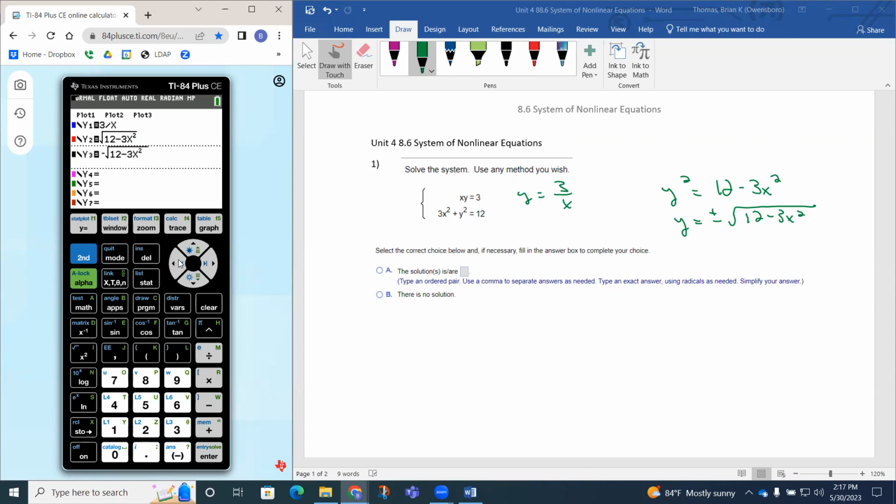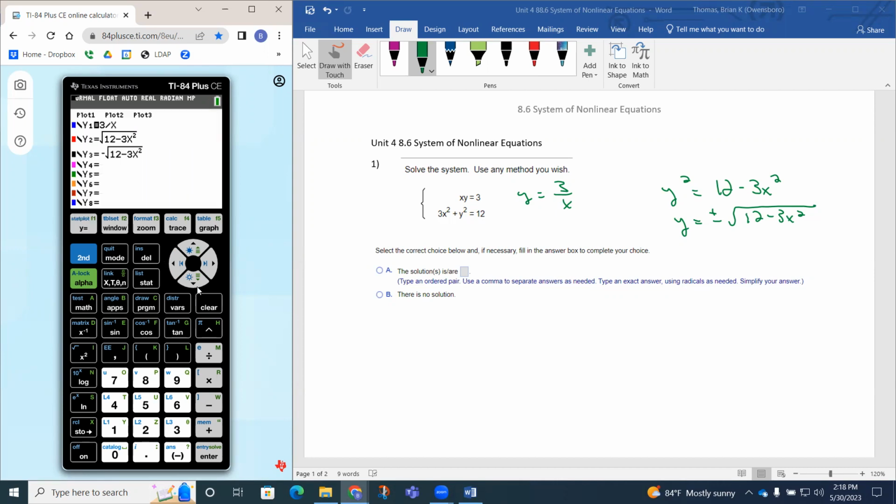So if I come back over here and turn this one off, and then turn that one off to start with, if we graph, that's what the first graph looks like. It's this rational function. Notice that the y-axis is the vertical asymptote.